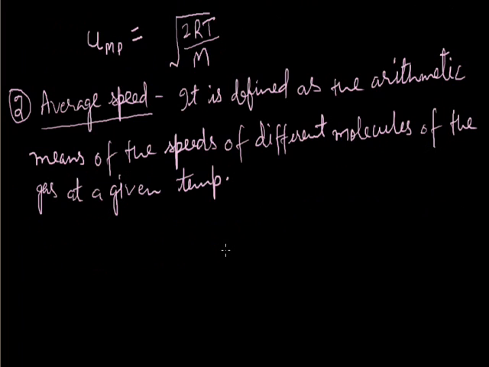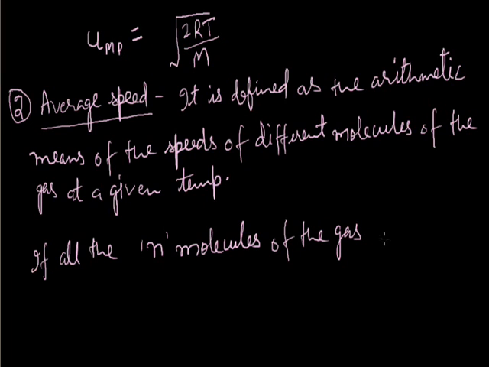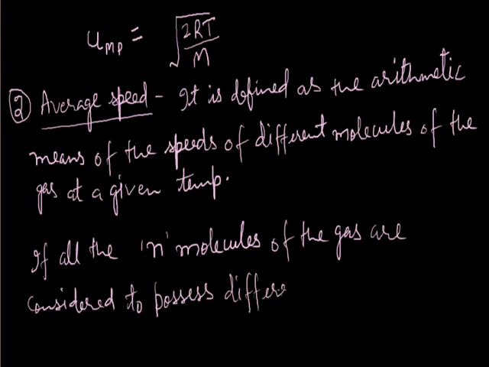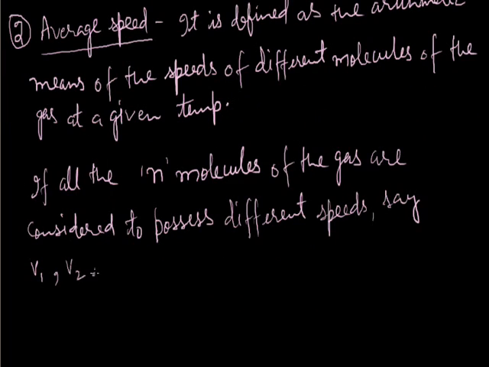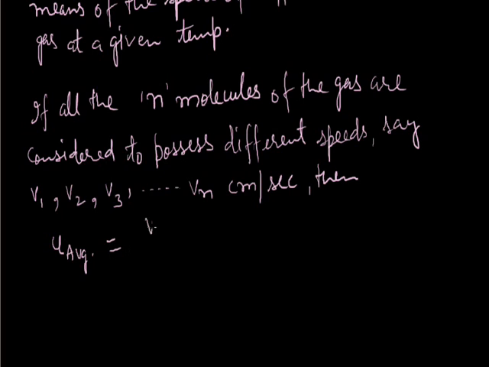If all the n molecules of the gas are considered to possess different speeds, for example v1, v2, v3, etc. centimeter per second, then average speed can be expressed as u average equals v1 plus v2 plus v3 plus vn upon n, the total number of molecules.